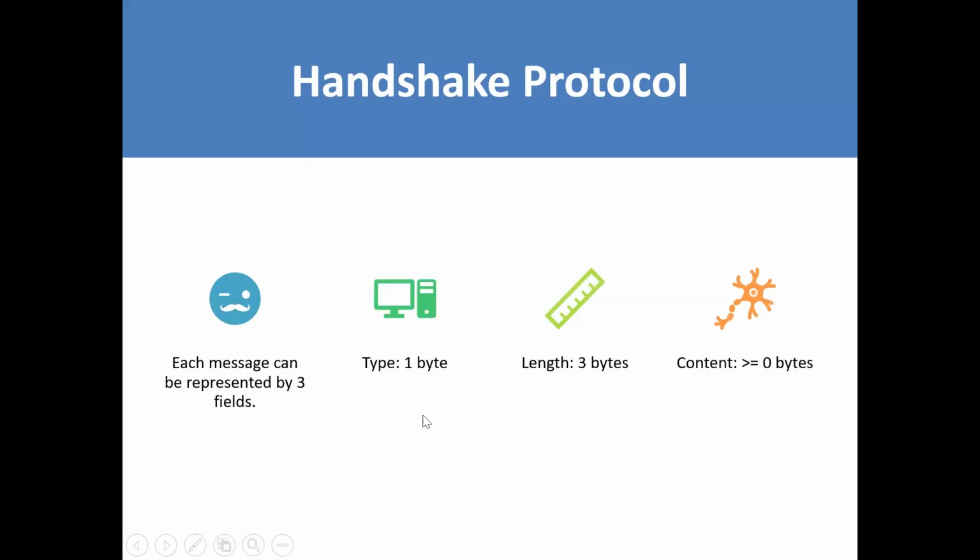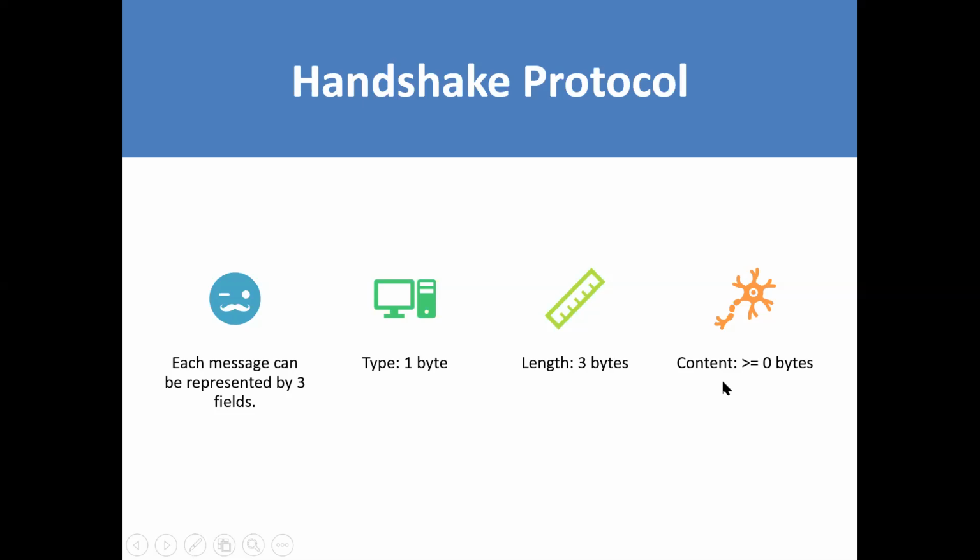The first field, type, is 1 byte. Now length, how many bytes is it? 3 bytes. This indicates the length of the message.